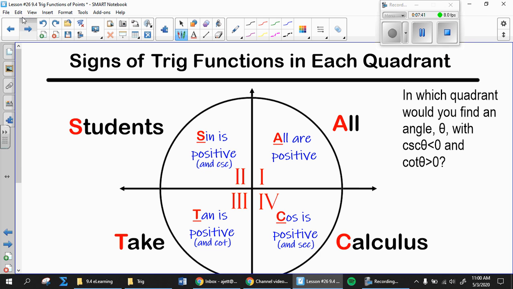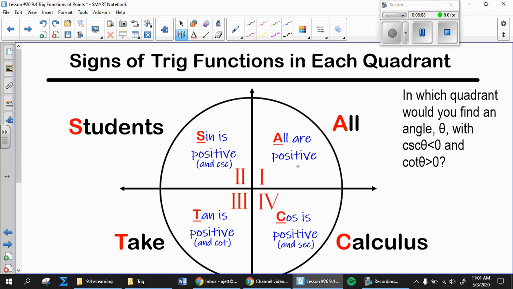Okay, so I talked about how do we know which of these trig functions are positive or negative. And so we have this thing that's called All Students Take Calculus. If you notice the beginning letter of each of those, All (A), Students (S), Take (T), and Calculus (C), it tells us which trig function is positive in that quadrant.